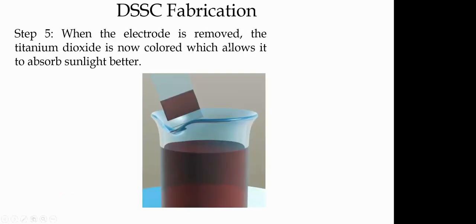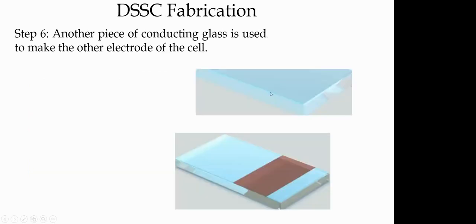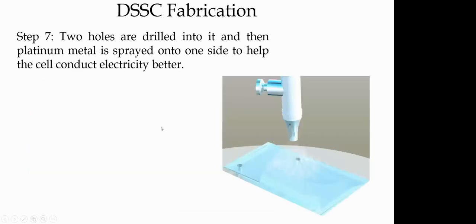When you remove the electrode, you dry it in the sunlight, then I need to cover it with a top electrode. So I need another transparent conducting oxide, but coated with platinum. I did a spray coating of these platinum nanoclusters, and then we put two holes so that we can make the arrangement by sealing it.